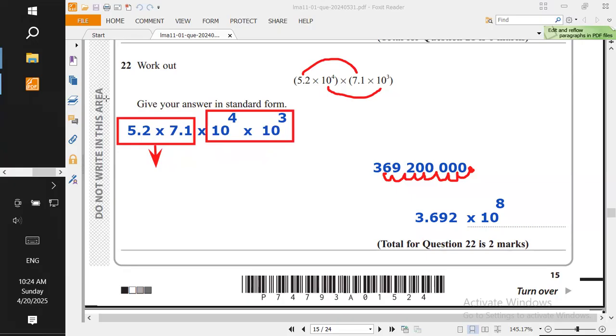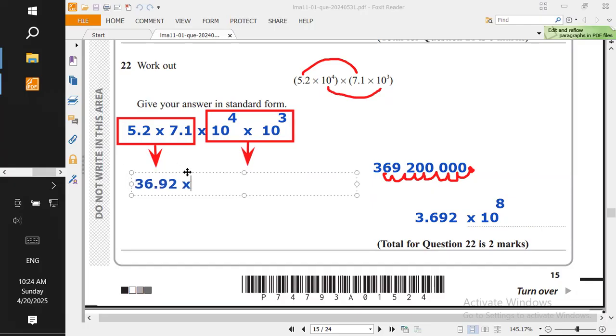So let's follow this step. When you multiply 5.2 times 7.1, the answer is 36.92.